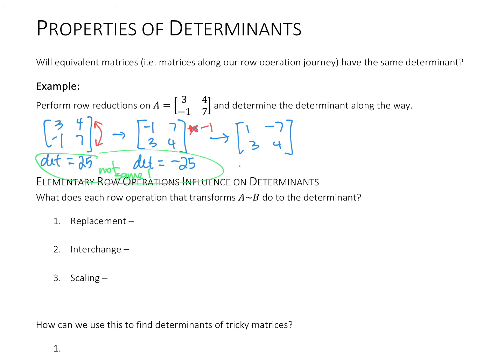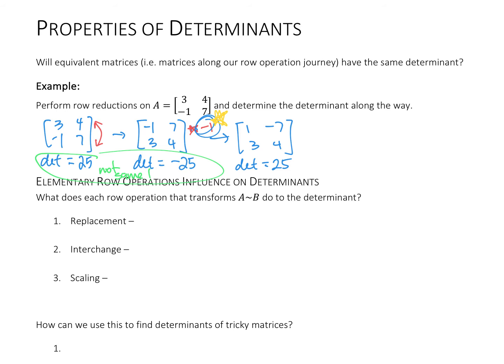And watch what happens here. Our determinant is equal to 1 times 4 is 4, minus 3 times -7, minus a -21 is a positive plus 21. So 4 plus 21, we're back to 25 again. Keep this in mind. That's going to be key here.